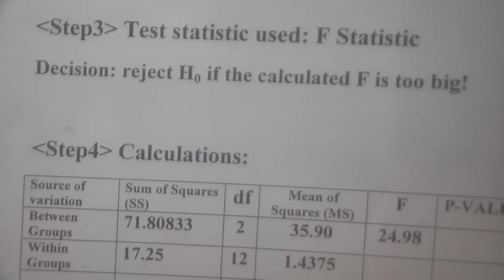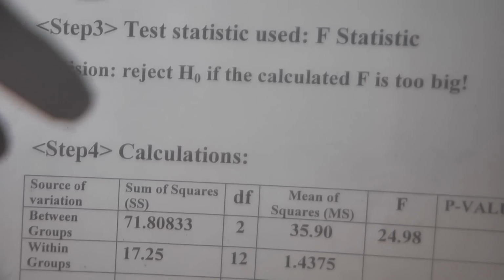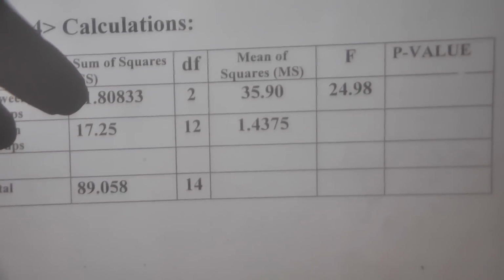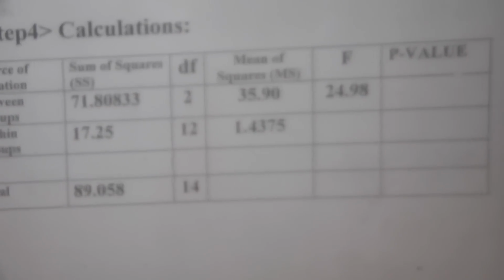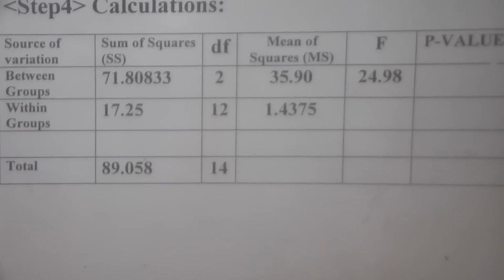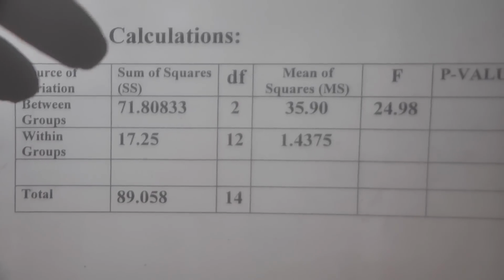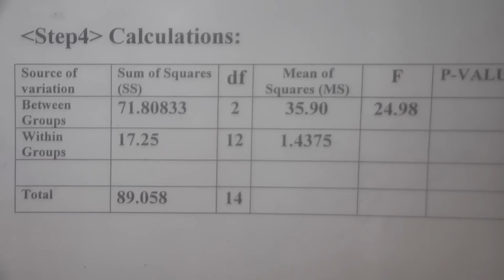Now, step 4, let's look at calculation. Based on what we calculated earlier, we can summarize our calculation in an ANOVA table. And in the exam, you should also give me a similar ANOVA table in your answer, okay?